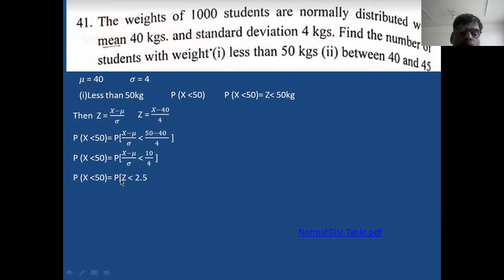In the next step, probability of Z. Again, I have taken the Z value. X minus mean divided by standard deviation is equal to Z. Z is smaller than 2.5. You put a bracket here.